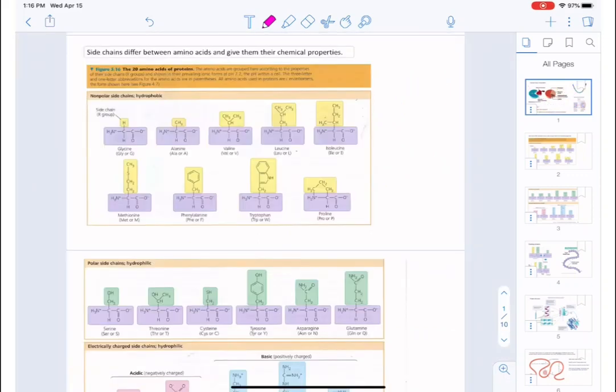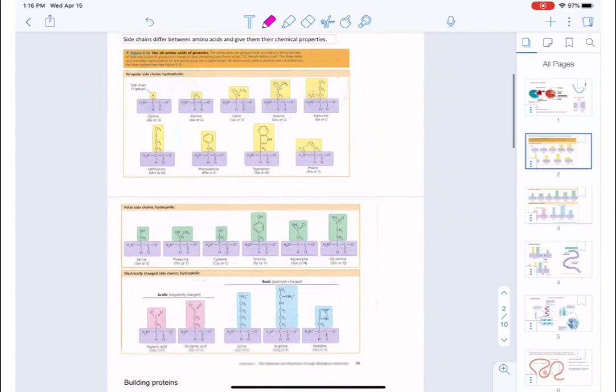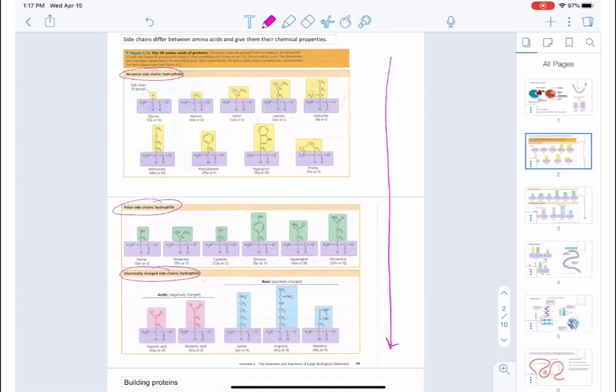So there are 20 amino acids that make up the composition of all of the proteins in the body. And these are all 20 of those amino acids here. And what they've done is they've organized these amino acids by their chemical properties. Specifically, it's the chemical properties of the side chains that give the amino acid its chemical property.